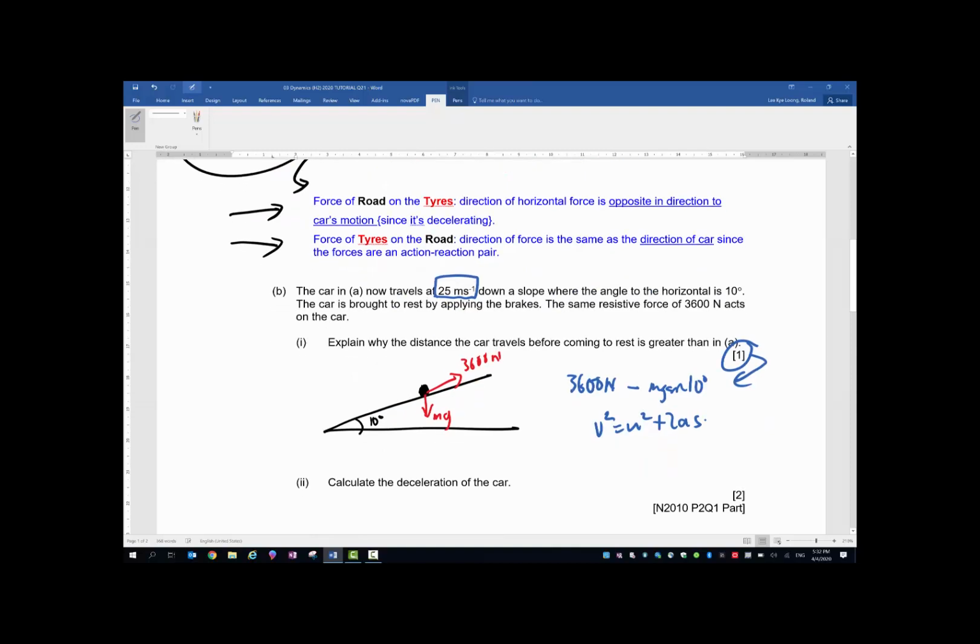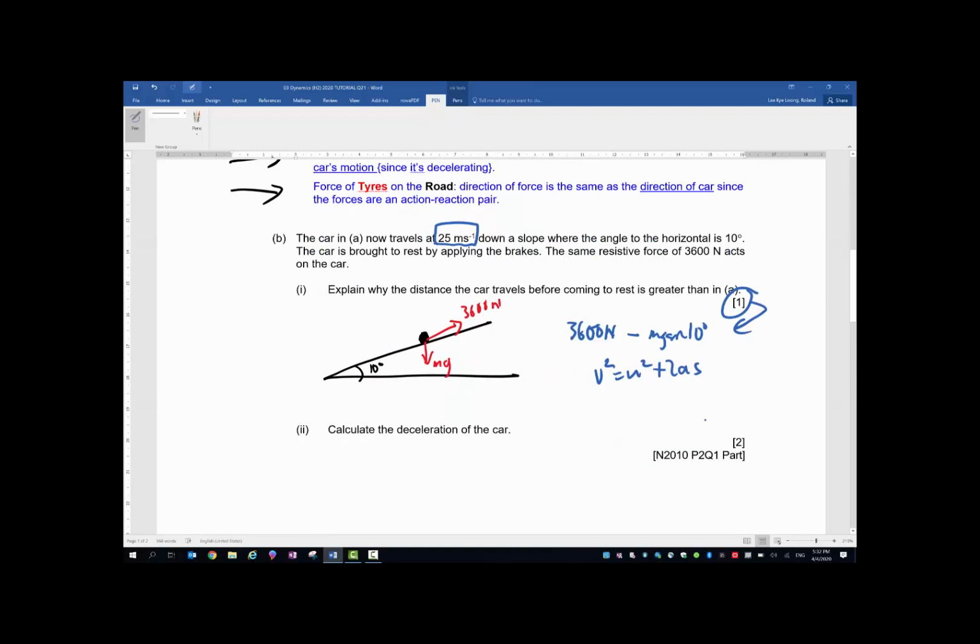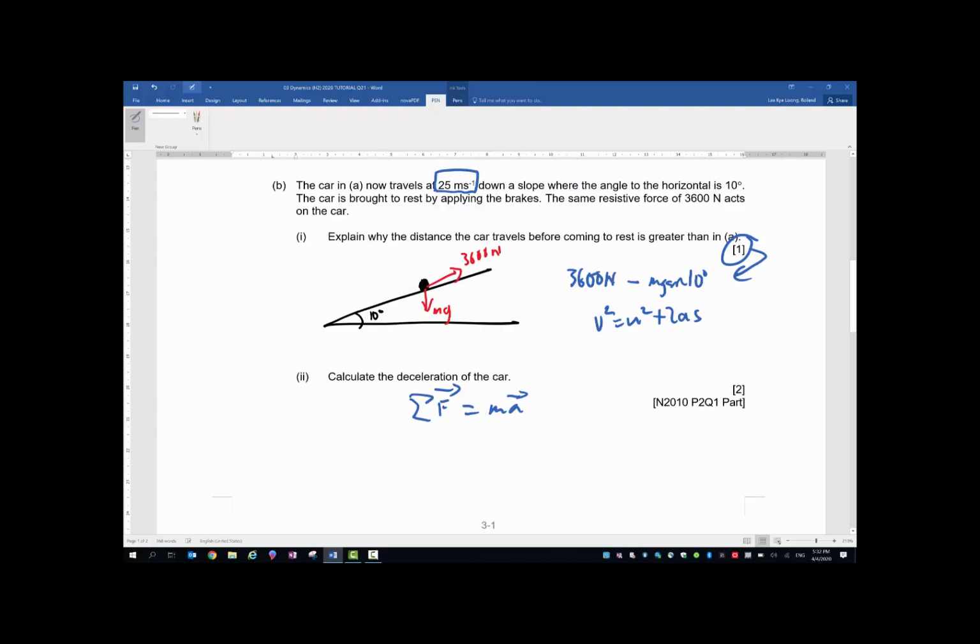So what about the deceleration? So let's calculate it. So F equals to ma. Okay, so the net force is now 3,600 minus mg sine 10 degrees equals to ma.